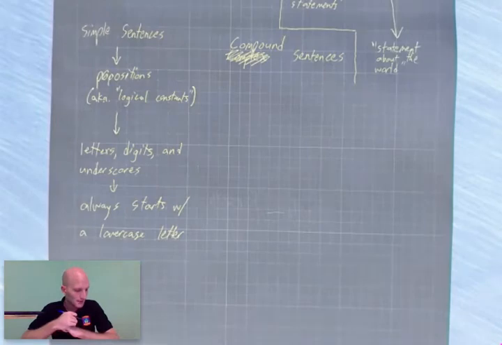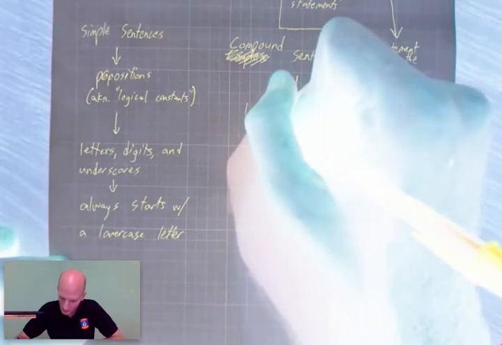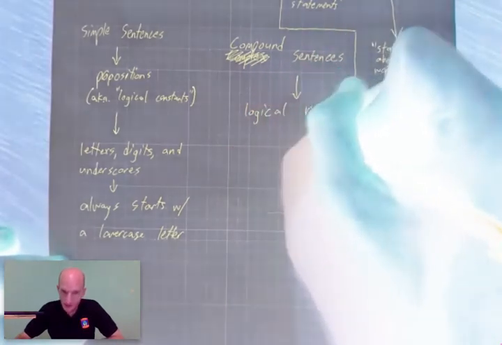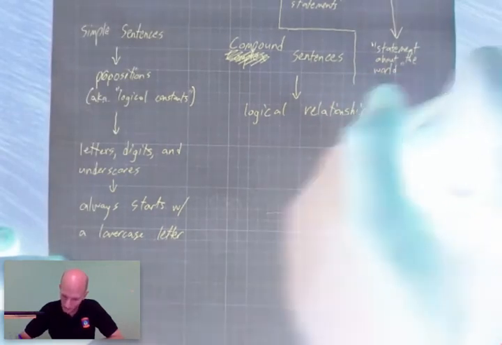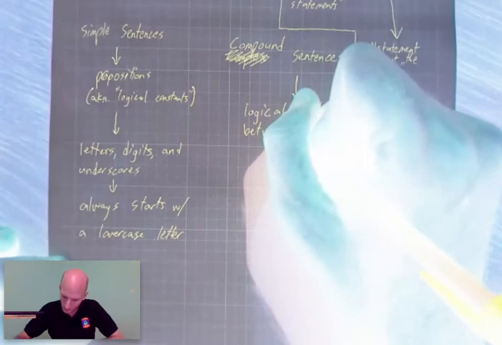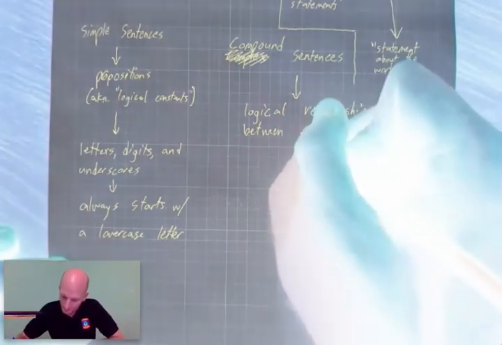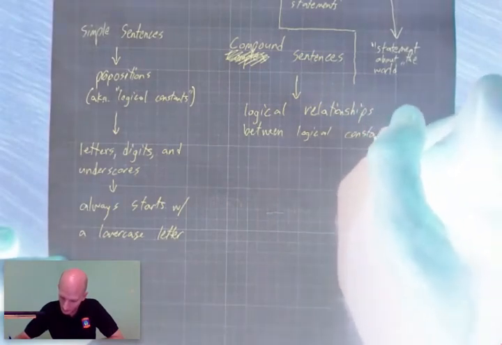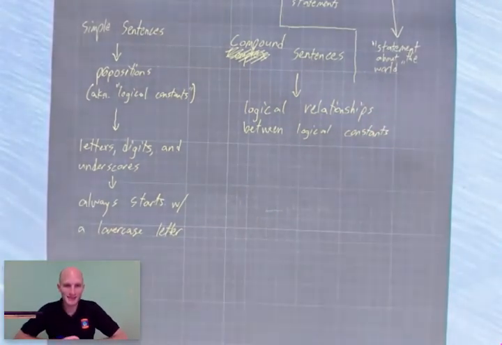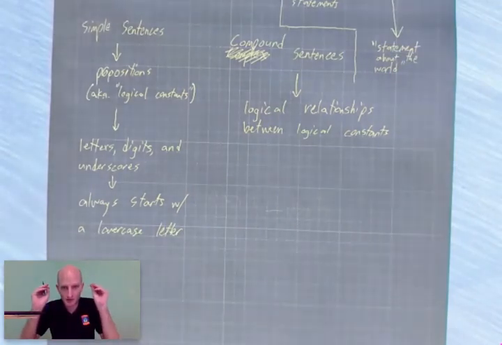But first, let's write the definition: logical relationships between, like I said, simple sentences, but in this case, between logical constants, referring to simple sentences or propositions. Now, we use symbols, think symbolic logic, to describe these logical relationships.